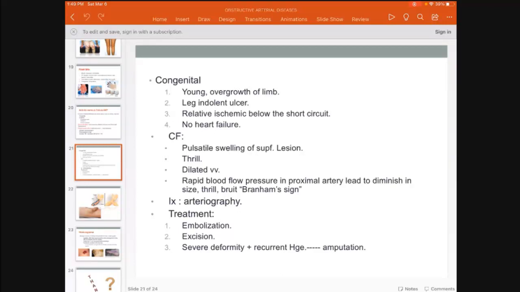Why? Because the body has already adapted to the blood returning back to the heart. This is very important to remember: below the short circuit there is little ischemia and no heart failure.